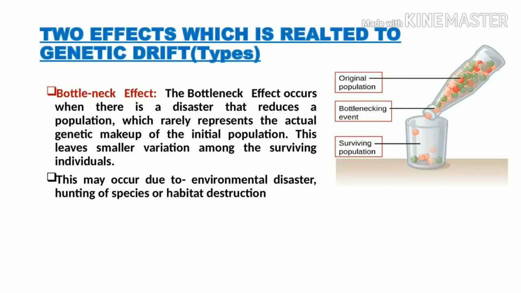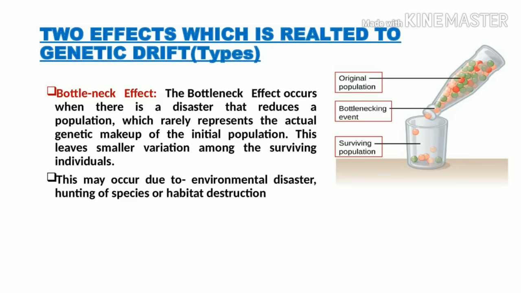And that is why it has been mentioned that the reduced population or the surviving population is not going to represent the actual genetic makeup of the original population. So in this way you are never going to know what was the actual population or what were the different types of allele that were there in the original population, okay, because right now you are going to see the surviving population and somehow they are not representing the actual genetic makeup of the original population.